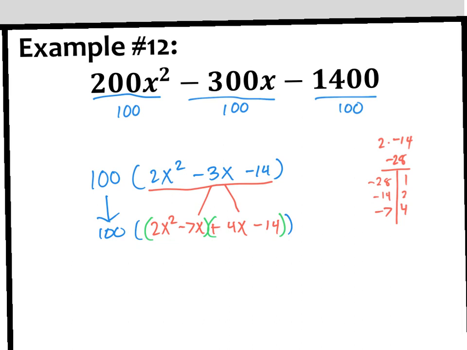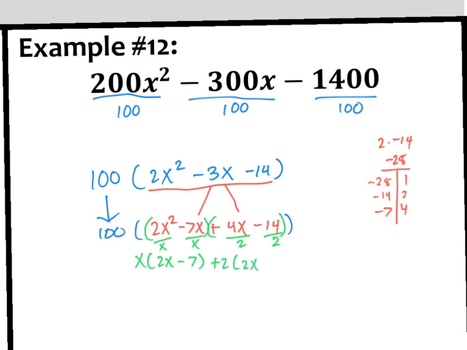Common between 2x squared and negative 7x is just x. So divide both those by x. I get 2x minus 7. Okay. Common between 4x and negative 14. Both those are even. So I can divide both those by 2. So plus 2. 4x divided by 2 is 2x.